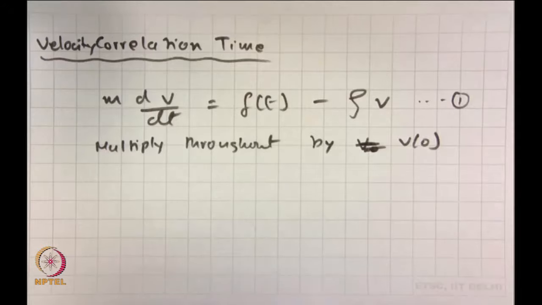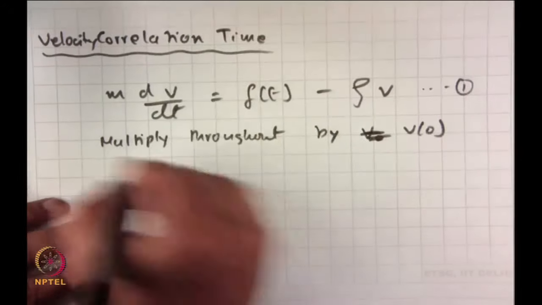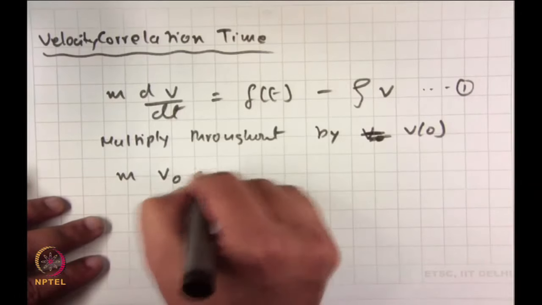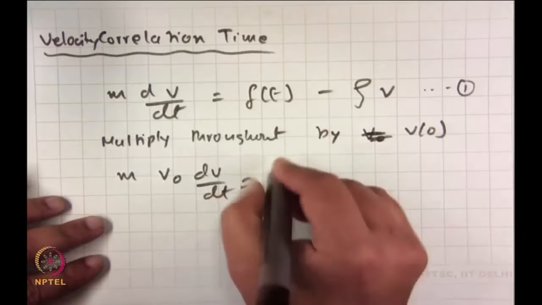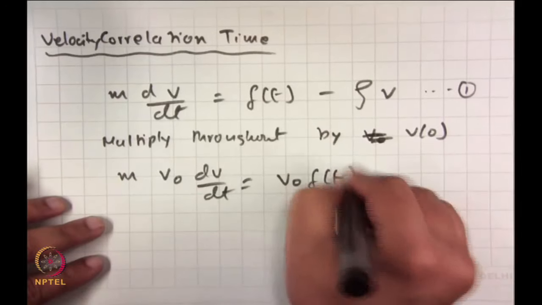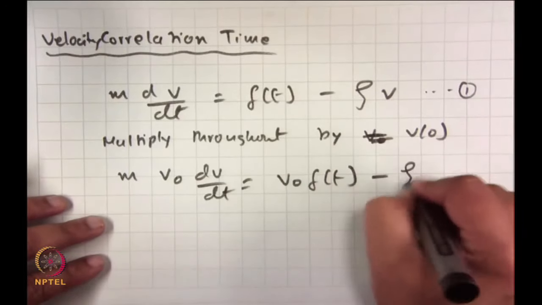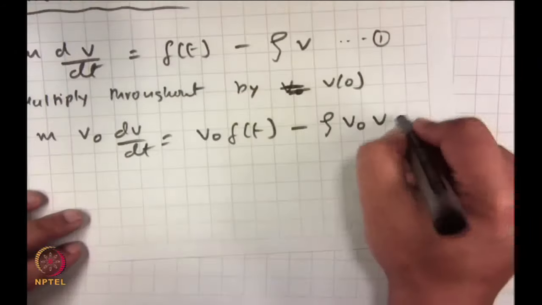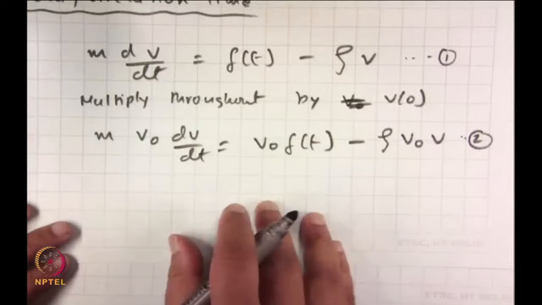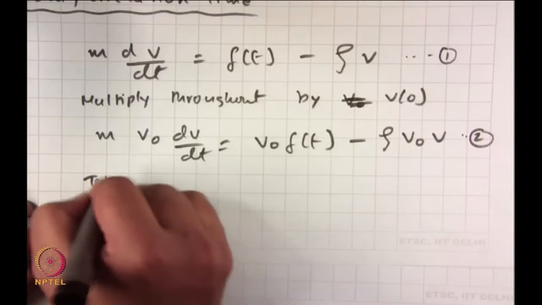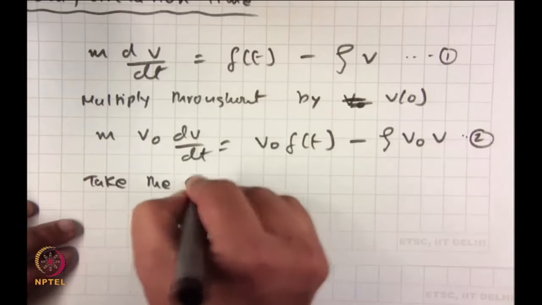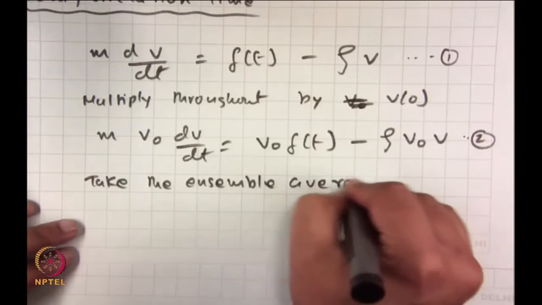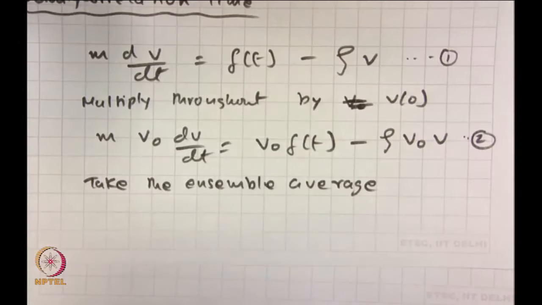Now, if I have that, then I can write m V 0 dV dt is equal to V 0 f of t minus psi V 0 V. This is equation 2. Now, what you do is you take the ensemble average. You take the ensemble average.